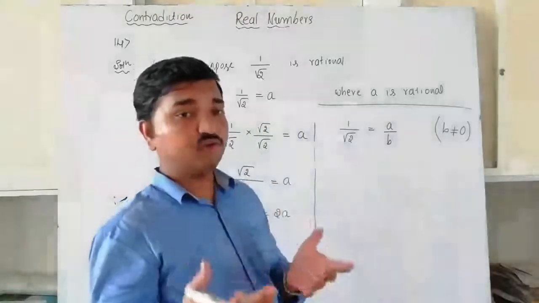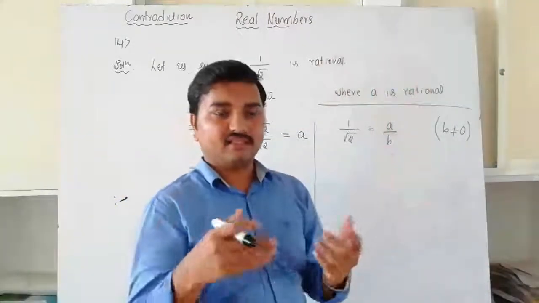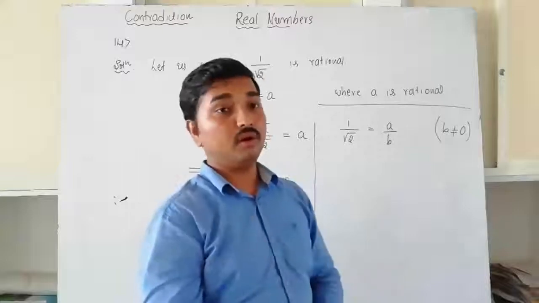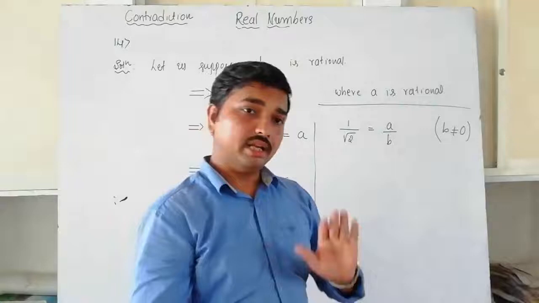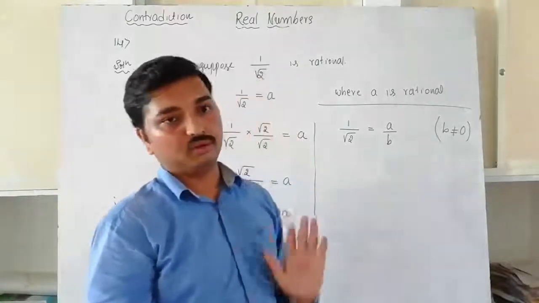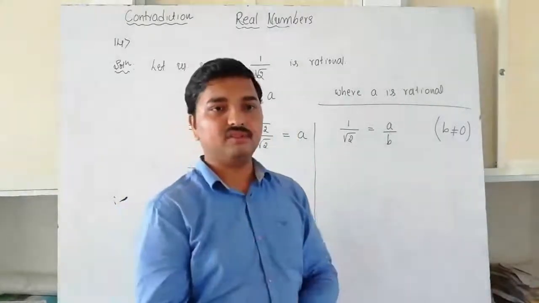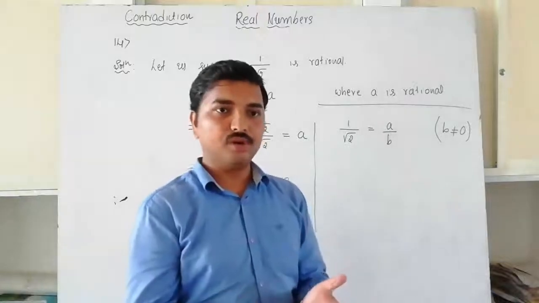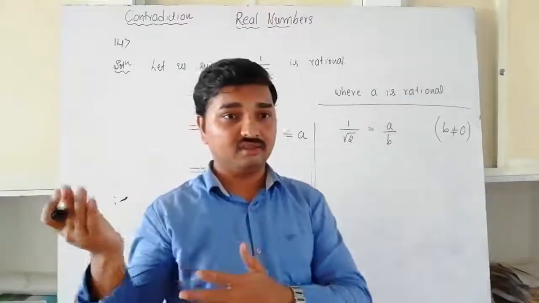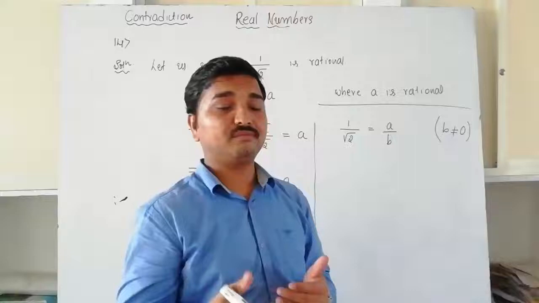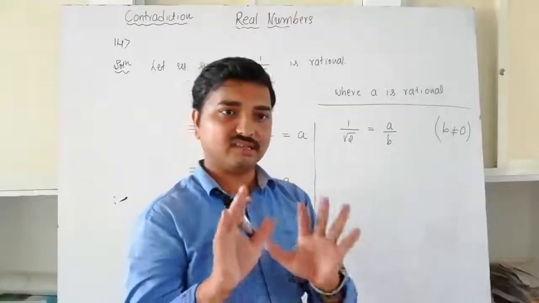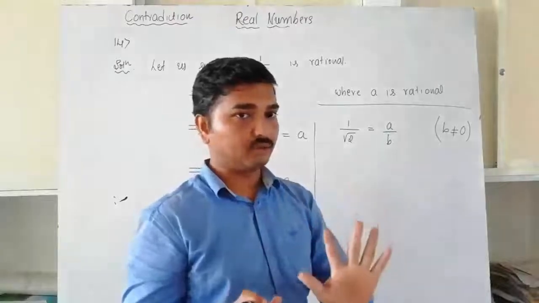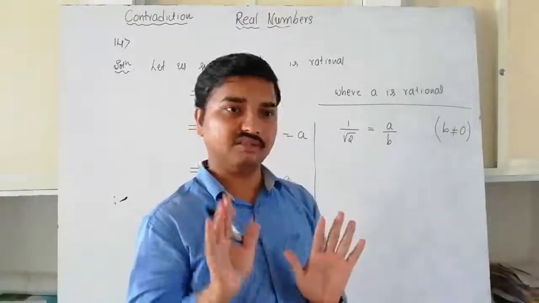I told you p may be equal to 0, but the denominator should not be equal to 0. But the numerator may be equal to 0. Okay, I showed this in the initial classes, when explaining the number system. Just remember, a can take 0, but b can't take 0.